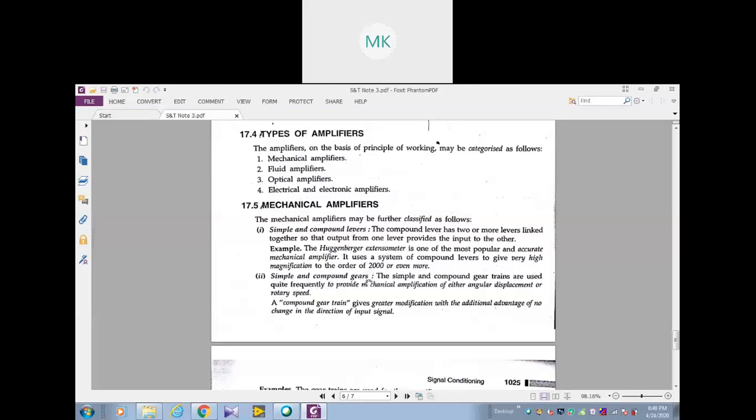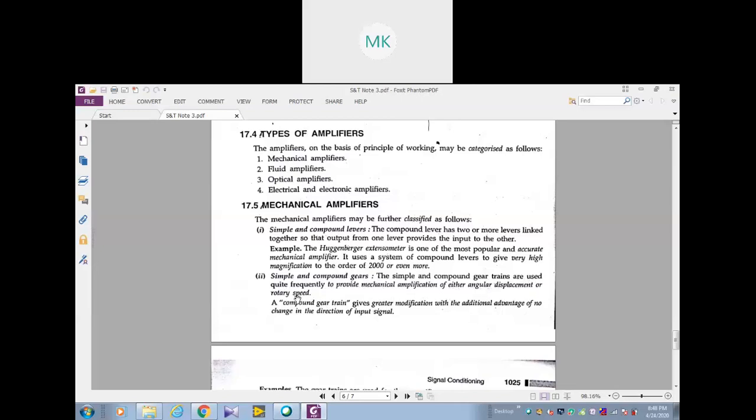You are familiar with the gearing system in bikes, cars, everywhere we are using gears, right? That is amplification of energy. Simple and compound gear trains are used quite frequently to provide mechanical amplification of either angular displacement or rotary speed.